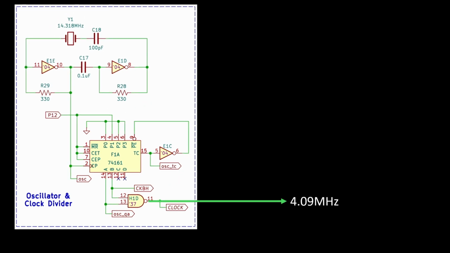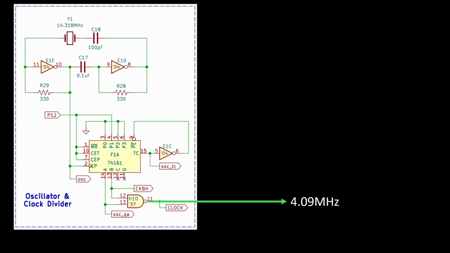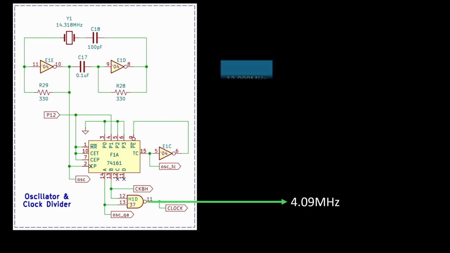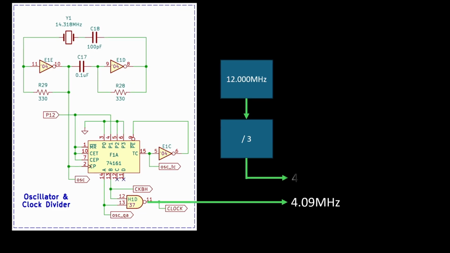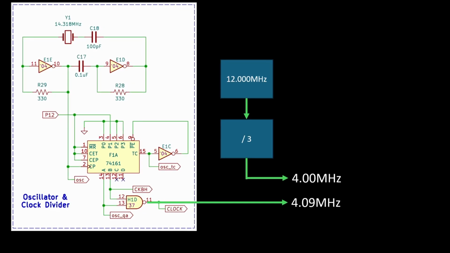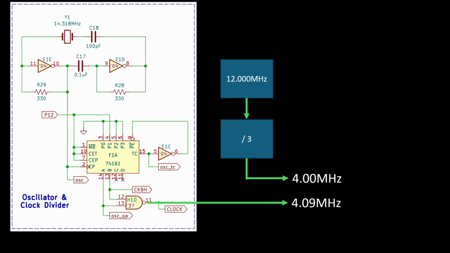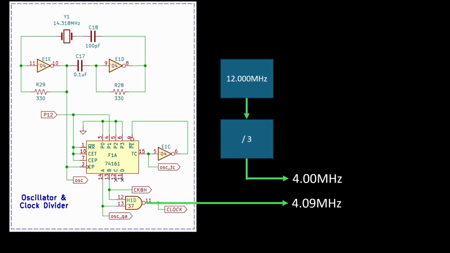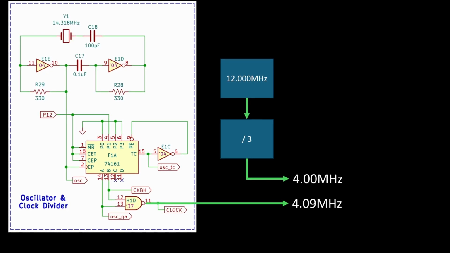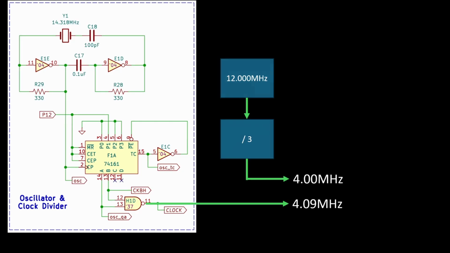Our 14.318 MHz oscillator is divided by 3.5 to produce about a 4.09 MHz pixel clock line. We can divide the 12 MHz oscillator by 3 to give us 4.00 MHz, which will produce a video out signal slightly closer to the NTSC spec.